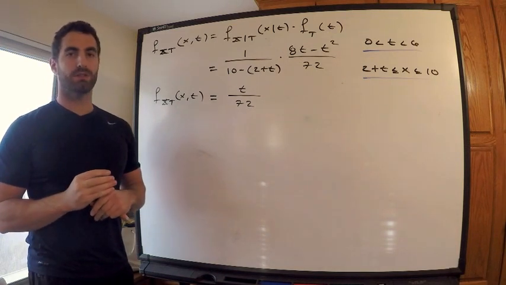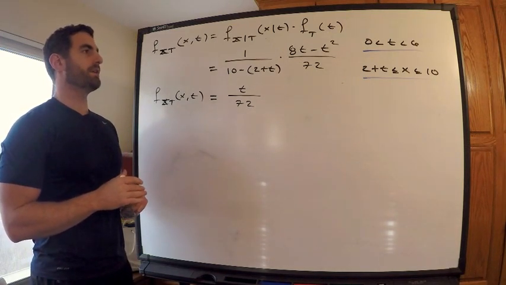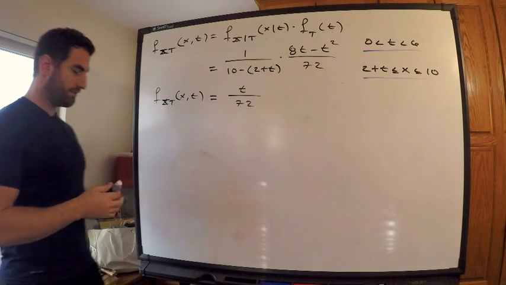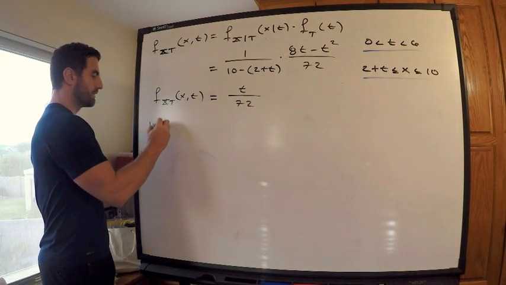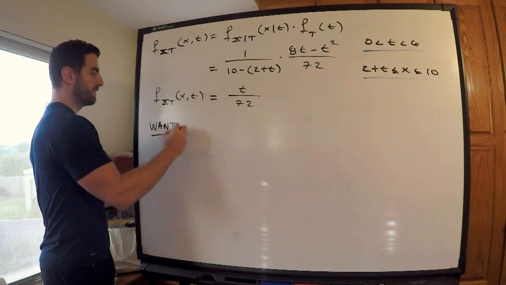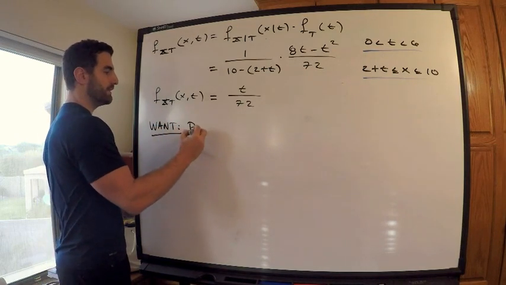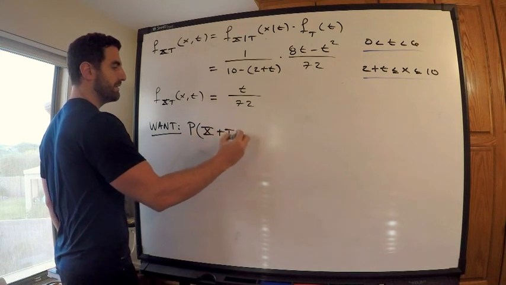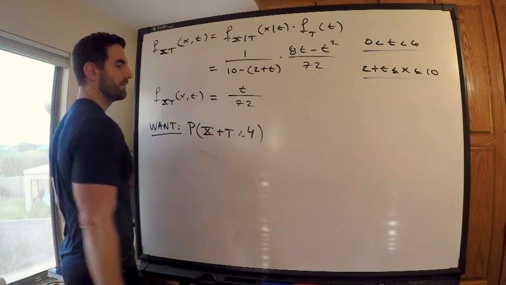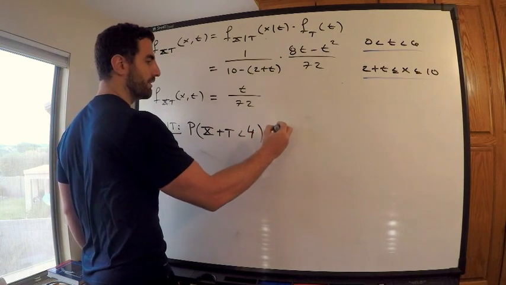So now we can answer the question, but I do need a picture. So let me draw my picture. Remember what we want. We want the probability that x plus t is less than 4. This is what we're looking for here.